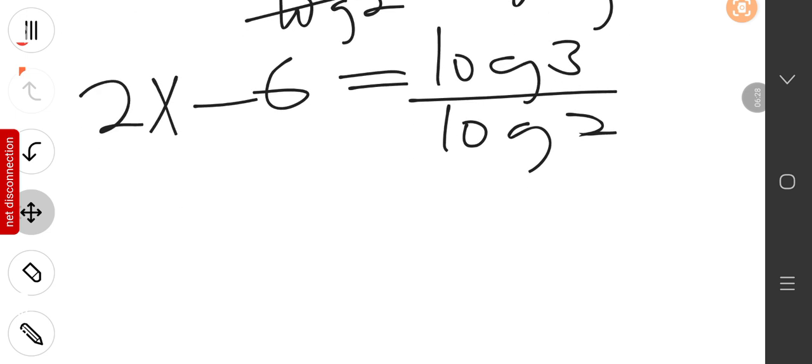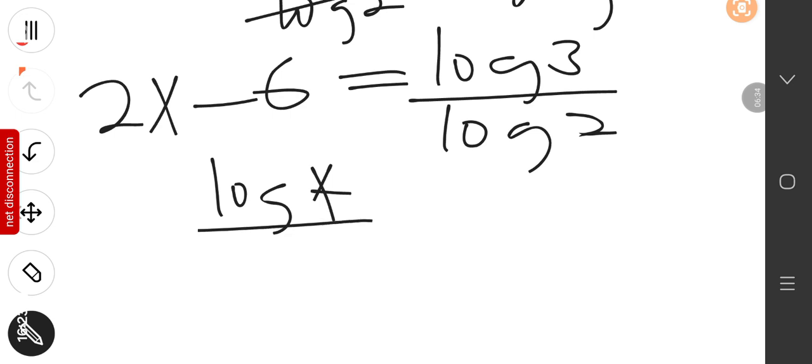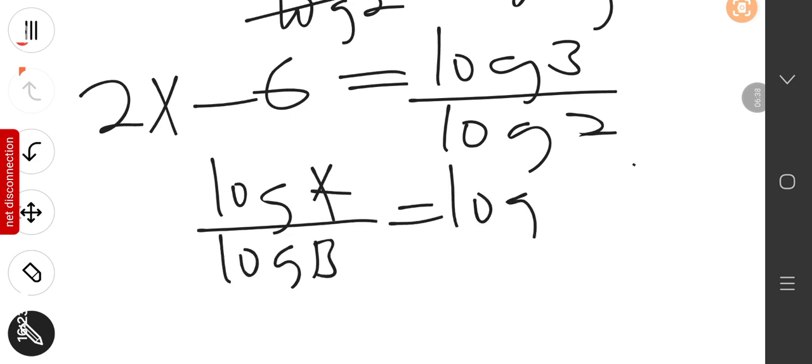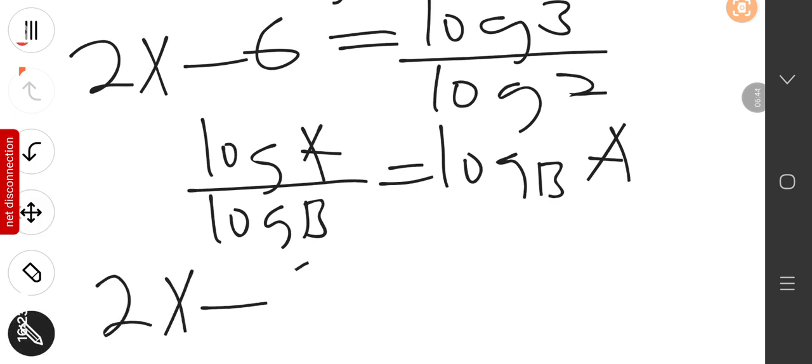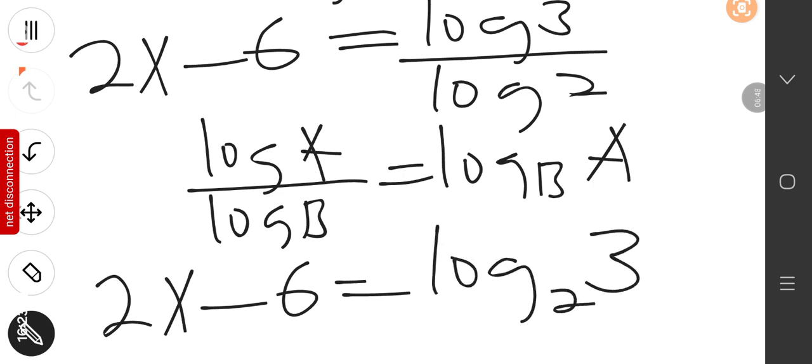Now let's apply the change of base concept here. So we say log a over log b equals log a base b. So our equation becomes 2x minus 6 equals log 3 base 2.